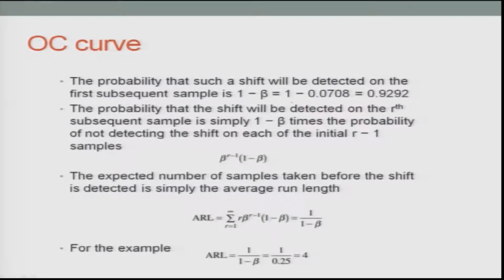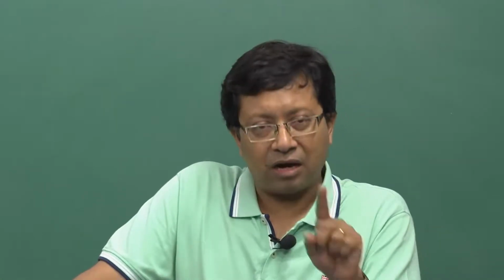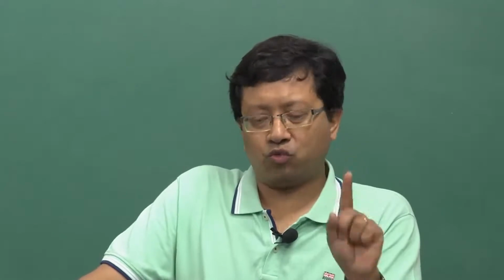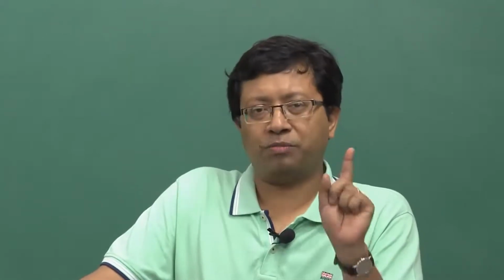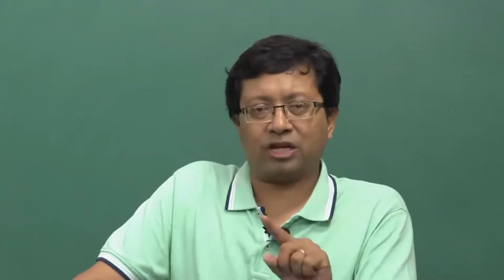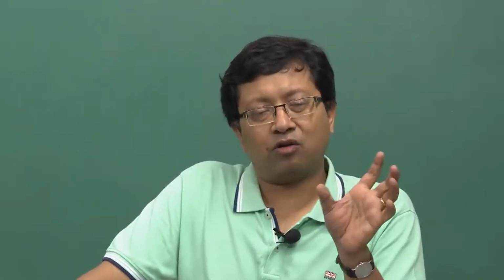Then R equal to 2, 3, 4, 5, you will multiply the terms: 2 into beta to the power 1 into 1 minus beta, plus R now becomes 3, it will be 3 into 1 minus beta into beta to the power 3 minus 1, and you will continue till the last stage, which technically can be infinite.